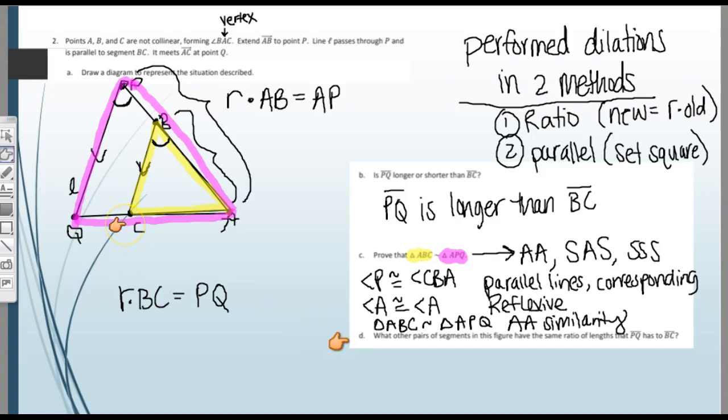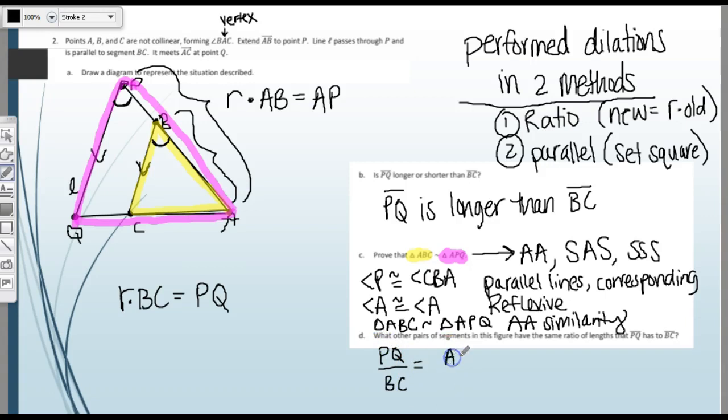So I kind of already mentioned that before now. So can you think of any other ratios that exist in there because of this technically dilation that occurred? So you said AB with AP. Yes. Perfect. So let's see, if we're saying PQ over BC, yes.